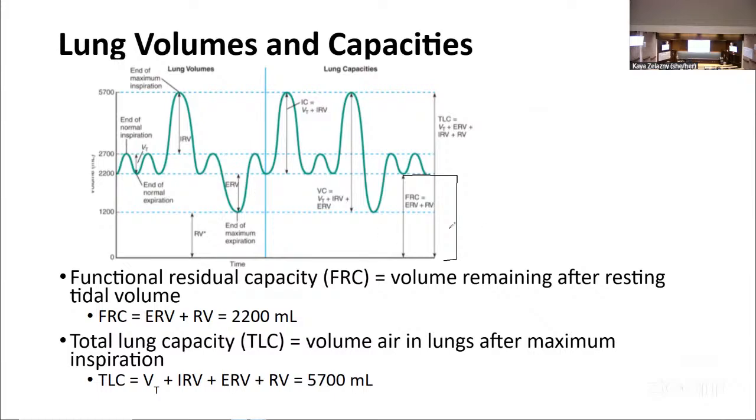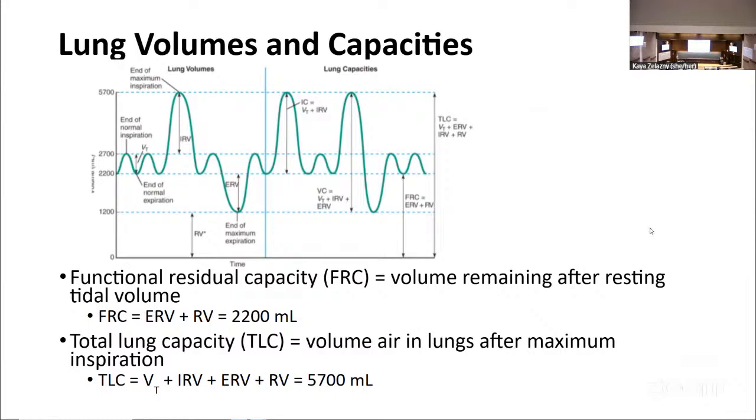So it includes the residual volume, the RV, the part you can't get out, plus our ERV, our expiratory reserve volume, the amount you could really force out if you tried, but probably aren't doing on a minute-to-minute basis. That's our FRC. And then total lung capacity is defined again as absolutely all the air that's in your lungs.